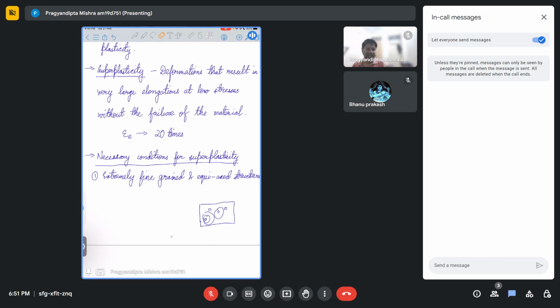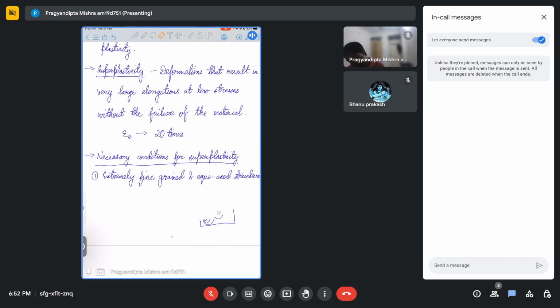Now, fine grained structure and equiaxed structure mean that the grains are so small, the growth is so slow, that you will have a lot of grains, and they are almost similar in size. That is something you need to achieve for superplasticity.